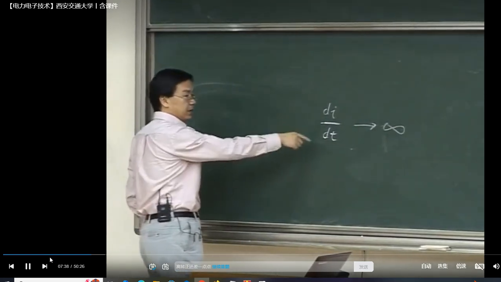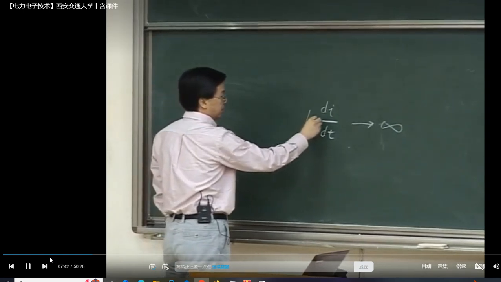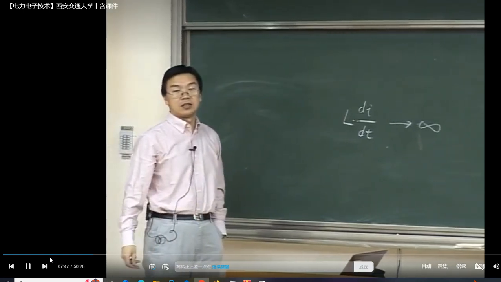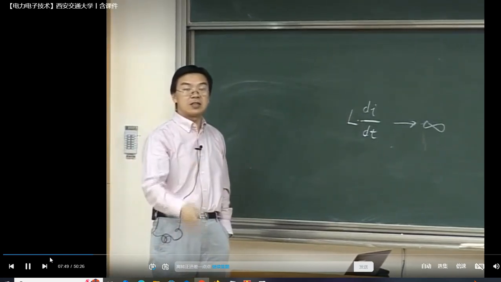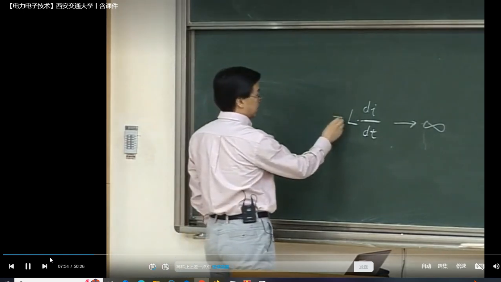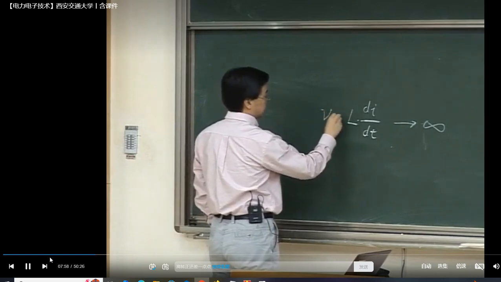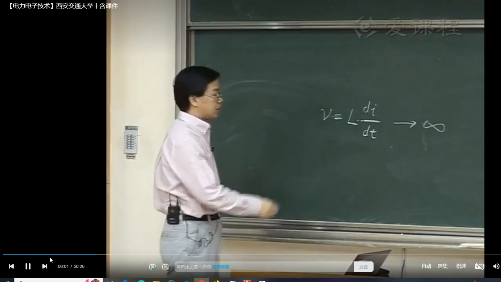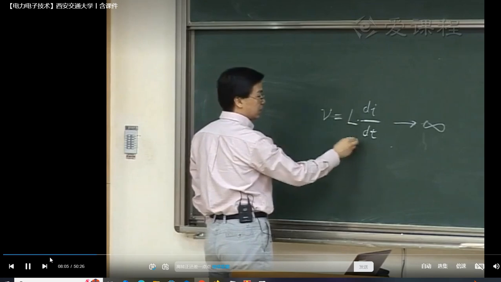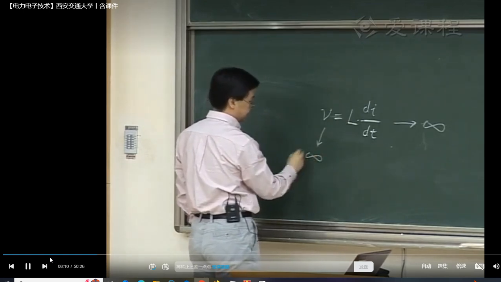And when you have approaching infinite dI/dt, we know if you have certain inductance along the current flowing paths, that would generate what? Voltage across that inductance, equal to L dI/dt. So when this is approaching infinite, then this voltage will be approaching infinite.